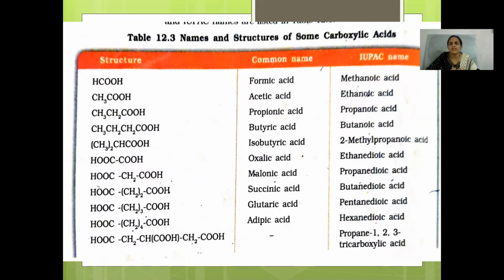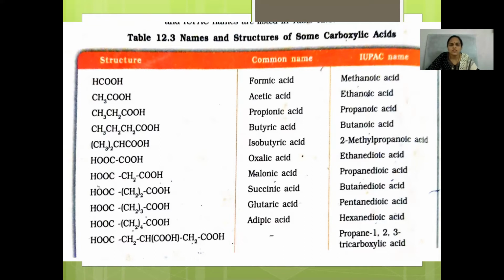Two carboxylic acid groups are present, that is COOH and COOH. Commonly it is oxalic acid and the IUPAC name is ethane dioic acid. Then COOH CH2 COOH is malonic acid and its IUPAC name is propane dioic acid. Then COOH (CH2)2 COOH is succinic acid and its IUPAC name is butane dioic acid.